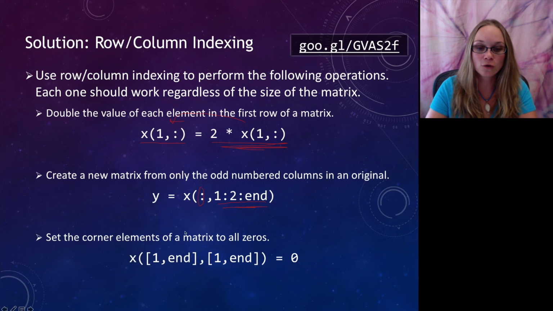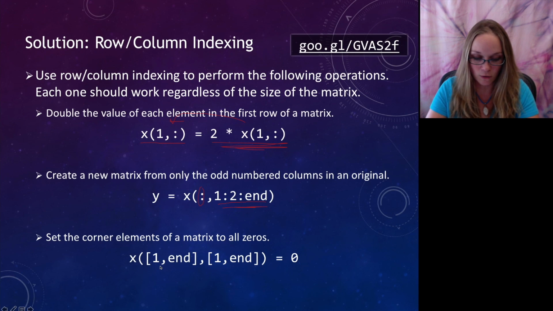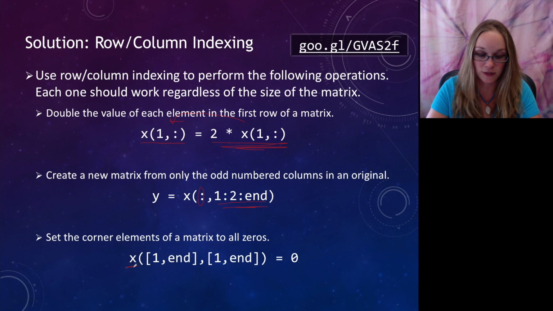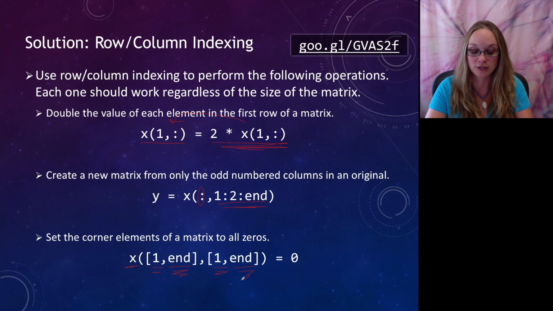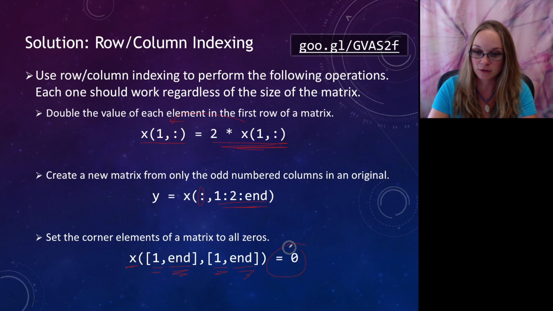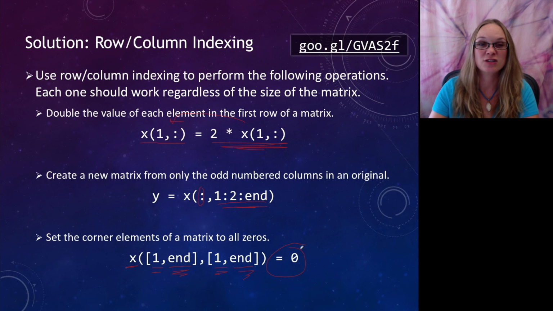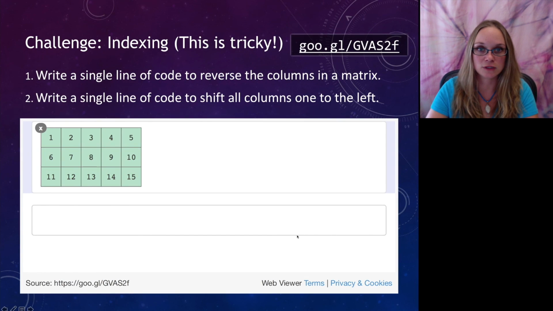Set the corner elements of a matrix to all 0. Whatever matrix you are working with, start with x, and the corners are just 1 and end, and 1 and end. So first row, last row, first column, last column, no matter what size matrix that is. Set all of that equal to 0. So these are good tools you can come back and use later.